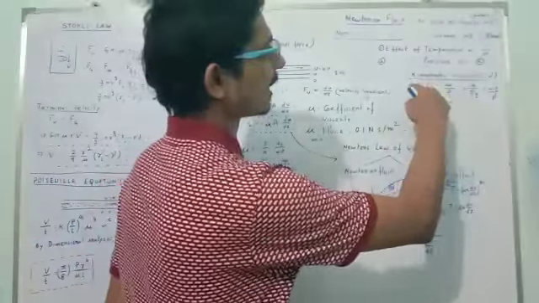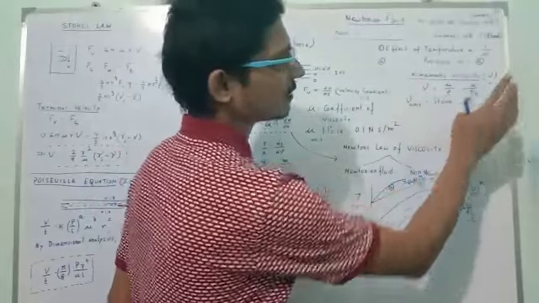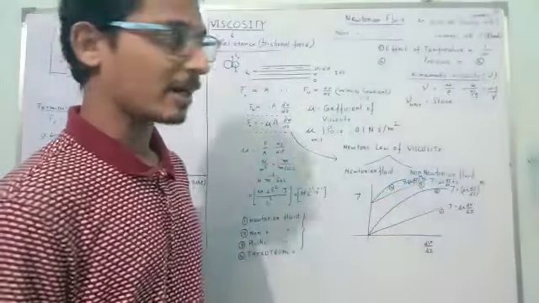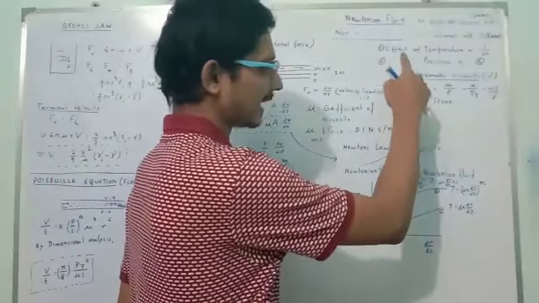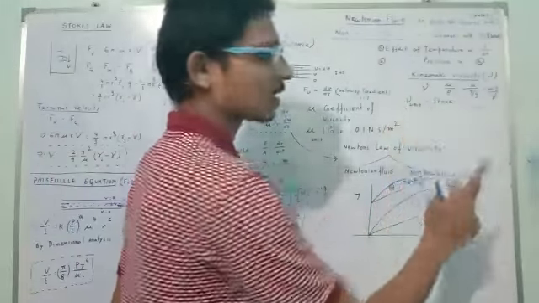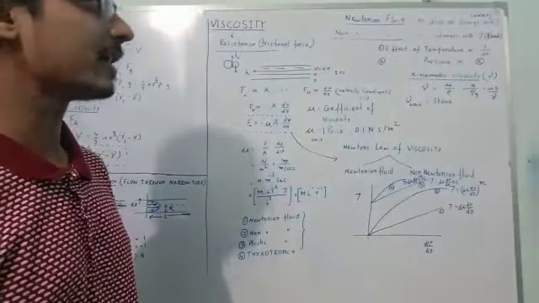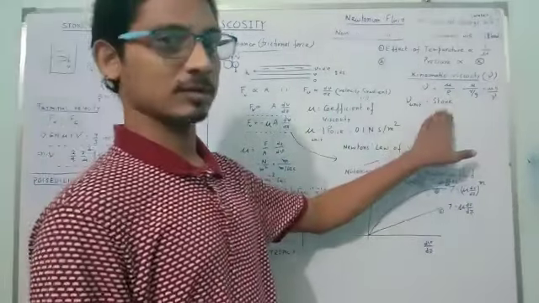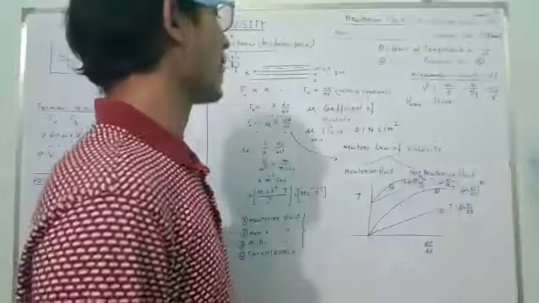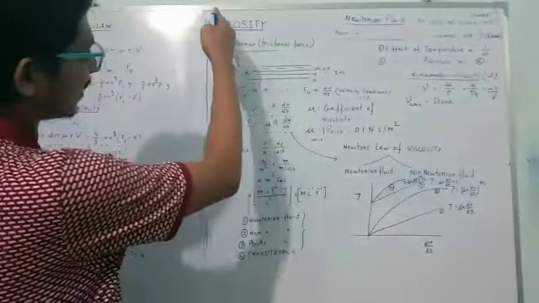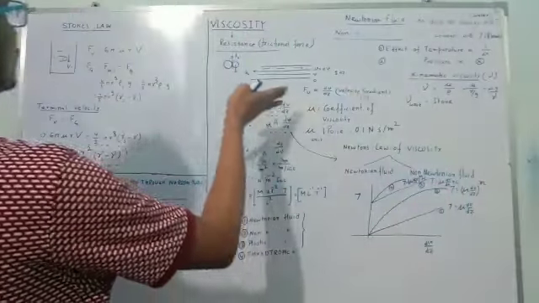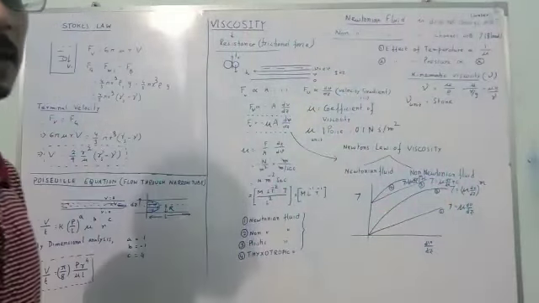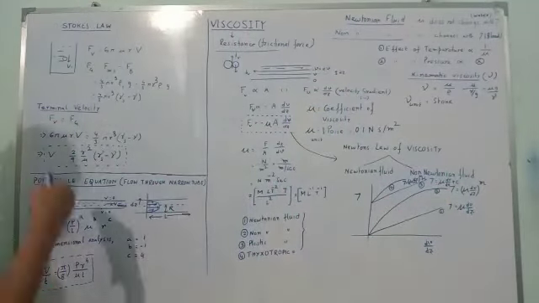So kinematic viscosity will be mu g by gamma. The unit of that kinematic viscosity nu is called Stokes, after the scientist Stokes, G.